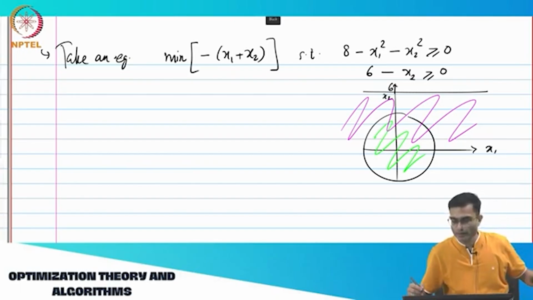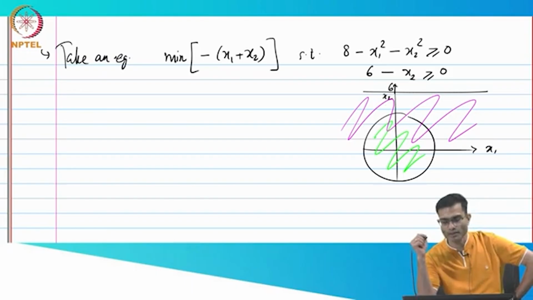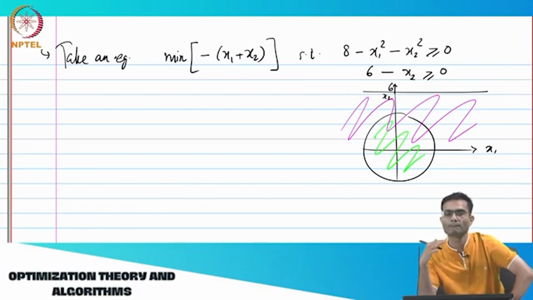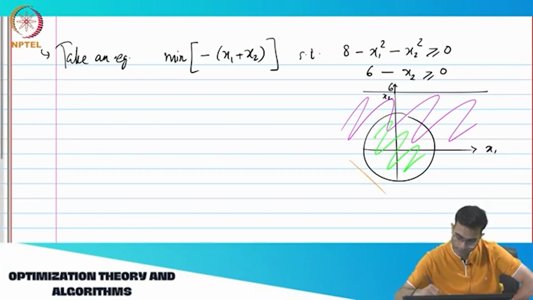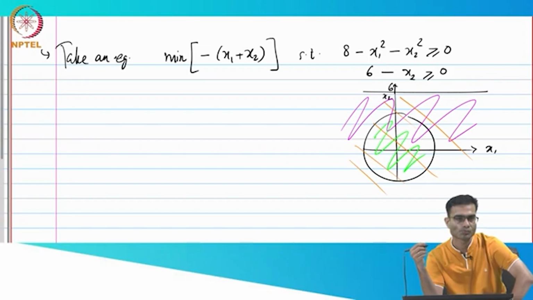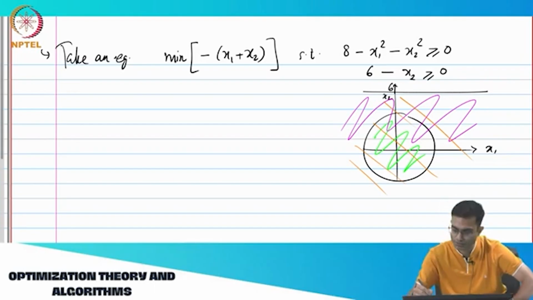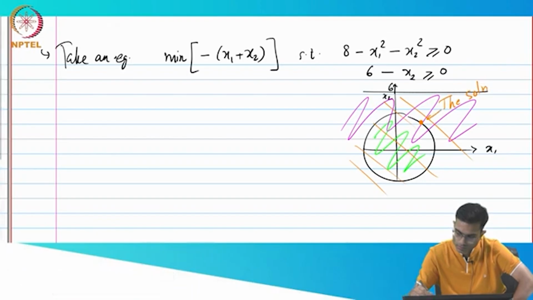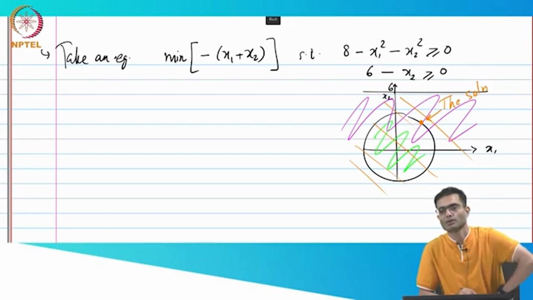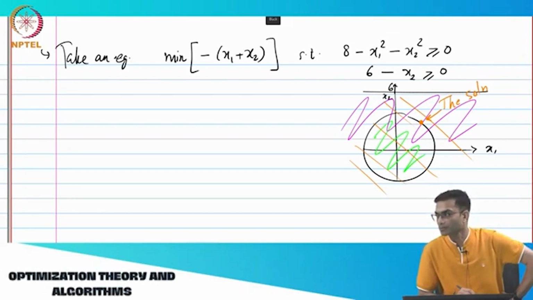Okay. And now what are the contours of the cost function? Straight lines with slope minus 45. We have seen this before, right? Like this. So in this case, where is the solution? Topmost, right? Because there's a minus sign associated with x1 plus x2, so the solution is sitting over here, because at this point minus x1 plus x2 is minimized, right?